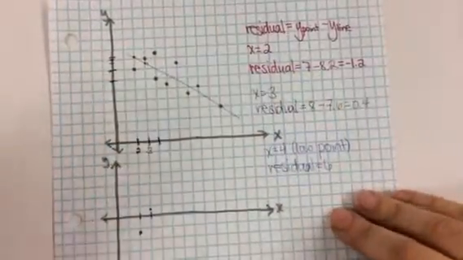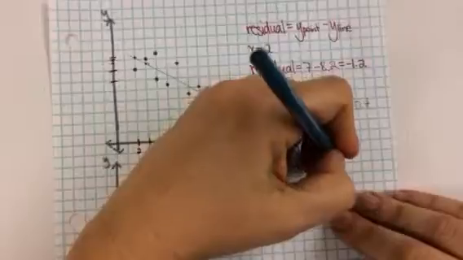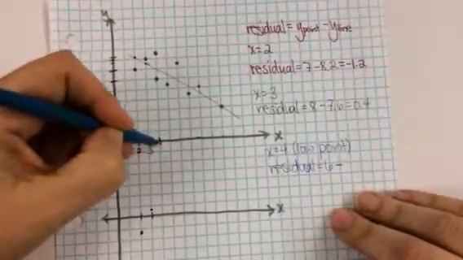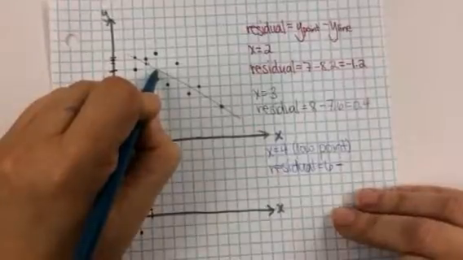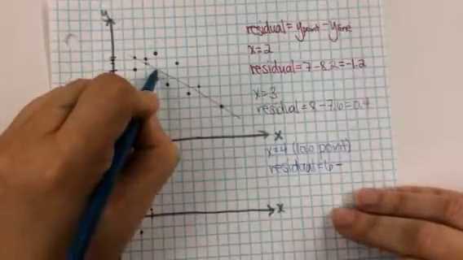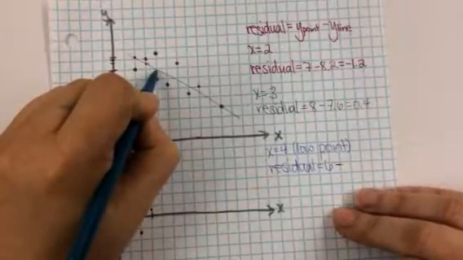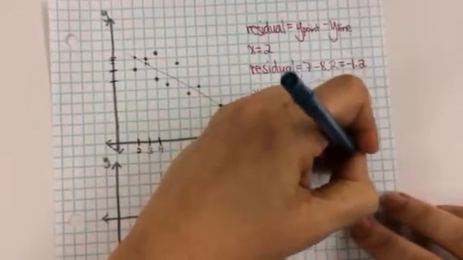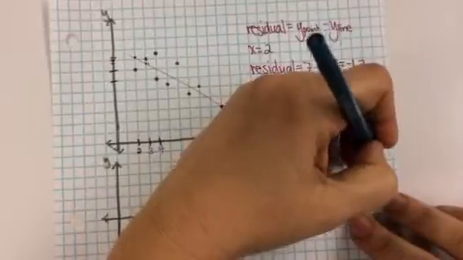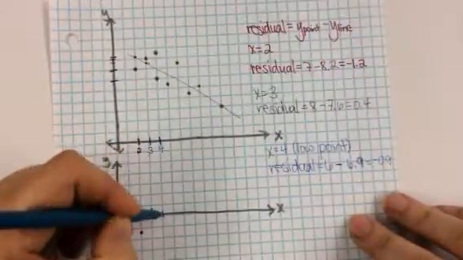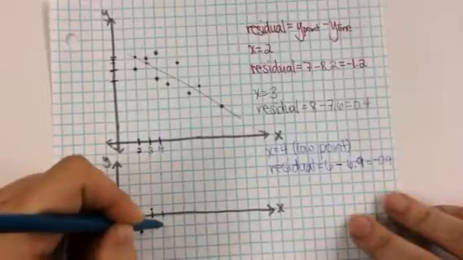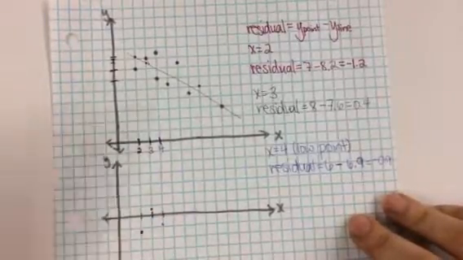It's always the y value of the point minus the y value of the line. At x equals 4, the y value of the line, gosh, that looks pretty close to 7. Maybe it's 6.9. Okay, it's not quite at 7. So 6.9, and that would equal negative 0.9. So for x equals 4, I've got a negative 0.9, so almost down to negative 1.